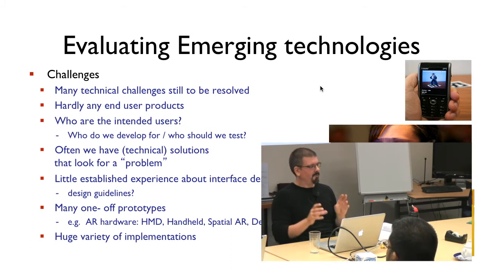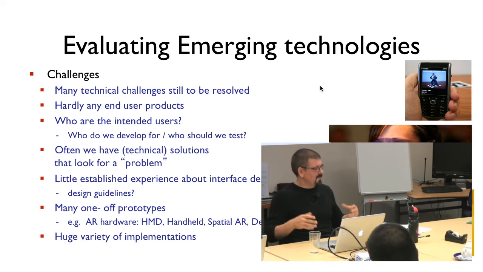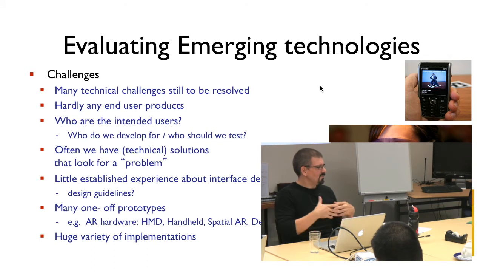You have a lot of one-off prototypes compared to other interfaces, because augmented reality interfaces or emerging technologies are most of the time developed in research labs, and research labs are not necessarily interested in developing end consumer products, but more in doing research.